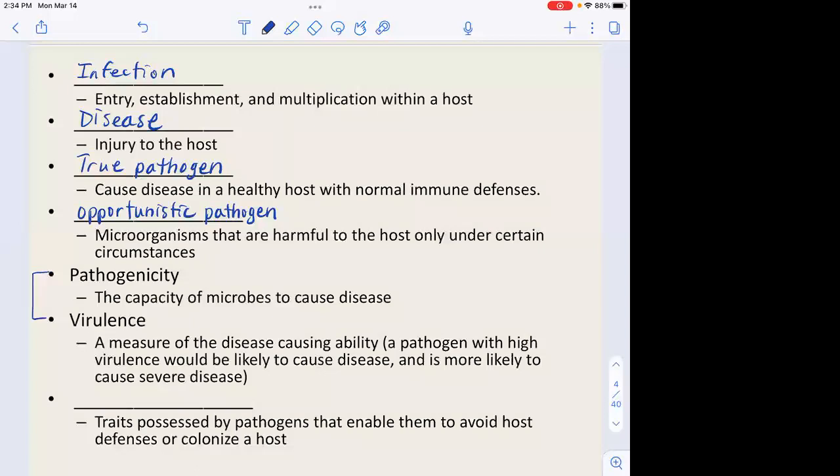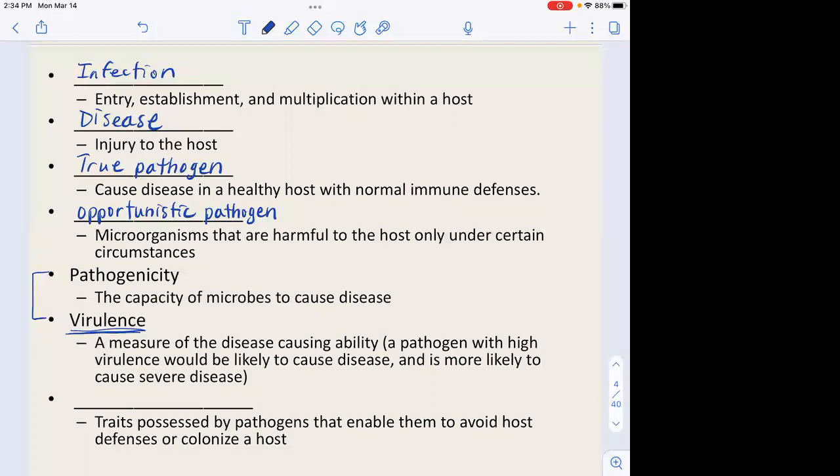A lot of times though, we say, well, how pathogenic is it? What we really mean is how virulent is it? So virulence is a measure of the disease causing ability of an organism. If we say this bacteria is highly virulent, that means if you're exposed to it in the right way, you're really likely to get sick.